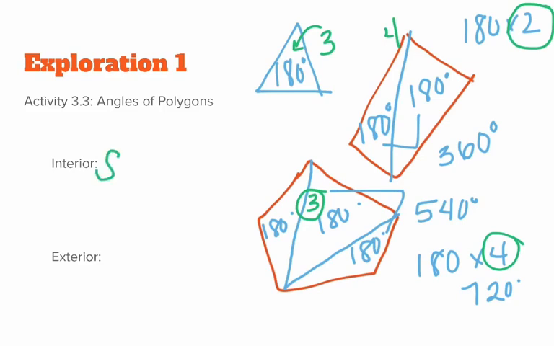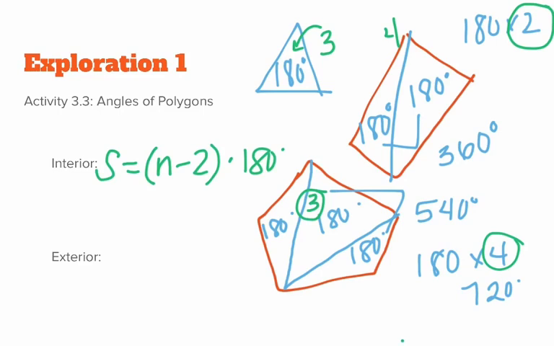It is S, the sum, is equal to the number of sides, so I'm going to put n because we don't know how many sides, minus 2. Because that gives us the number of triangles. Well, once we have the number of triangles, we go ahead and we take that times 180 degrees.